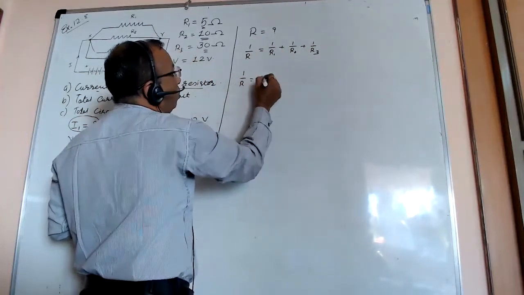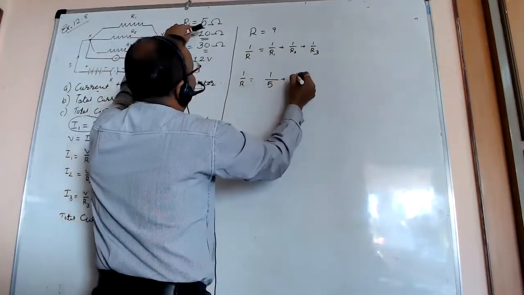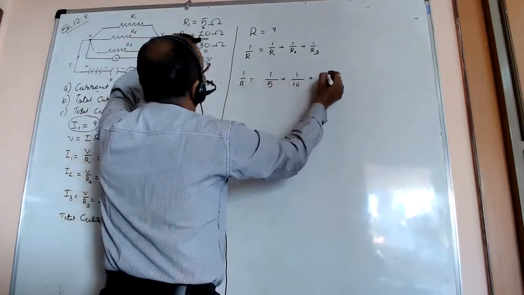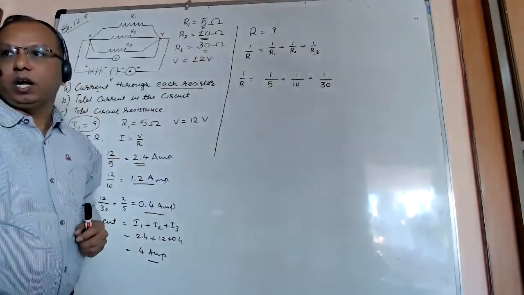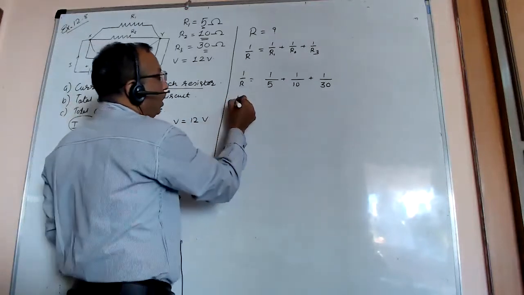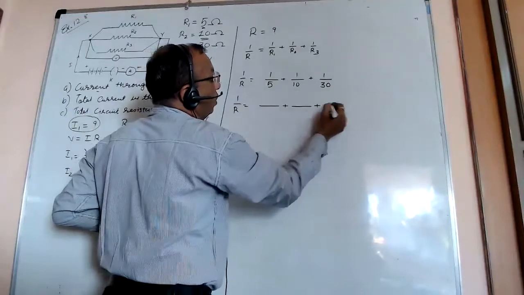By putting values, 1 upon 5, 1 upon 10, and 1 upon 30. Three values are there, so you have to take the LCM. The LCM here is 30.